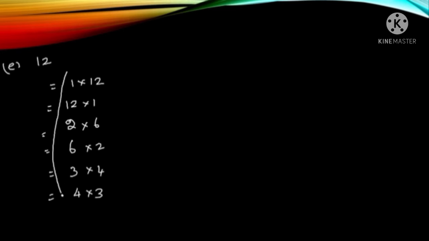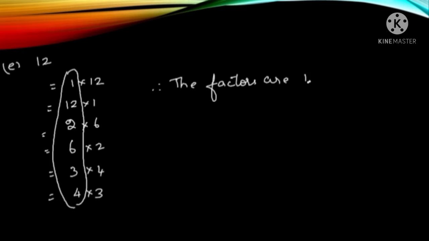Now just write down the first numbers. Therefore the factors are 1, 2, 3, 4, 6, 12. These are the factors of 12.